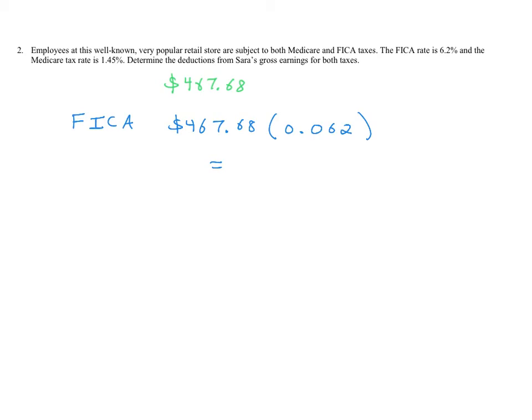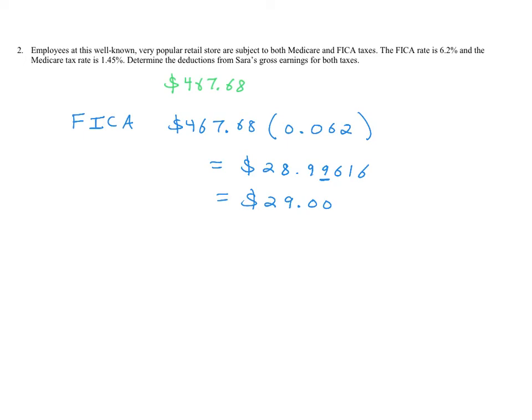I'm actually going to write this out first. The amount of deductions is 28.99616. When you round to the nearest cent, it bumps everything up to the nearest dollar, so it's actually $29.